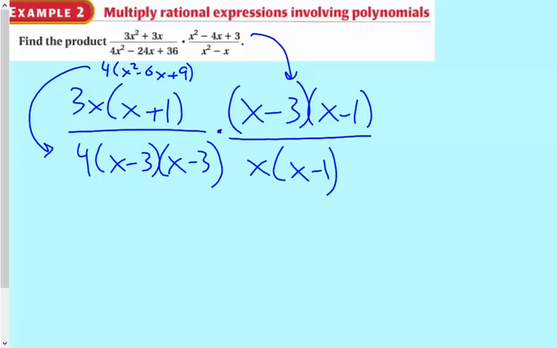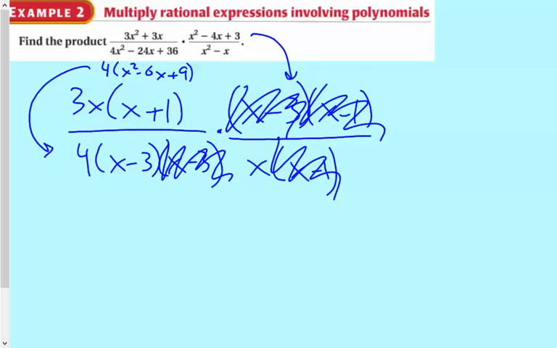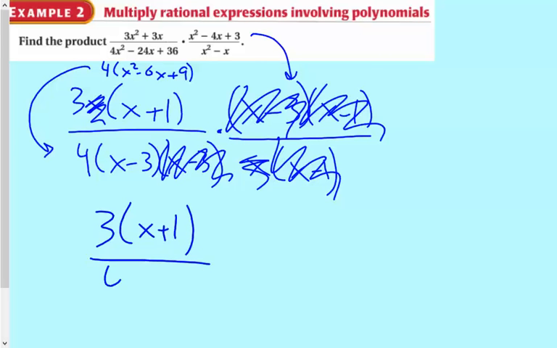So I see an x minus 3 and an x minus 3 on the top and the bottom, that equals 1. And I see an x minus 1 and an x minus 1, that equals 1. And I see an x and an x. So I have 3, and then x plus 1, and then 4, and then x minus 3. And that would be my final answer.